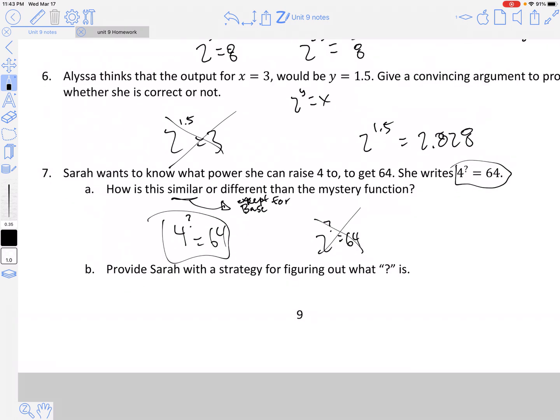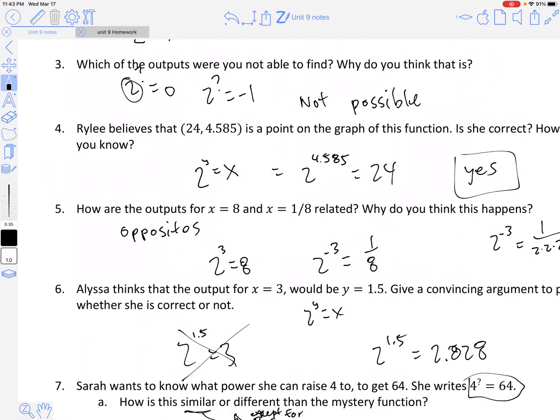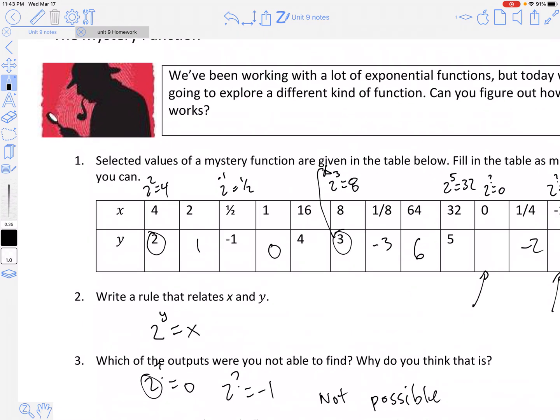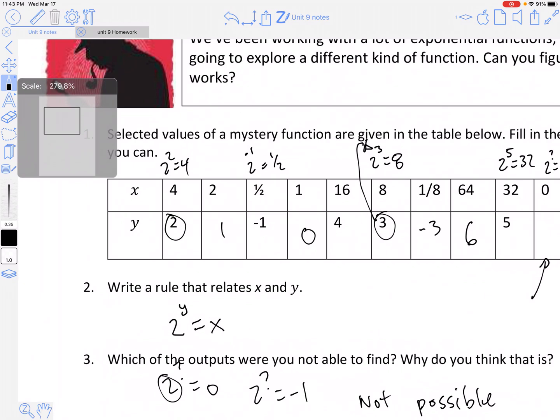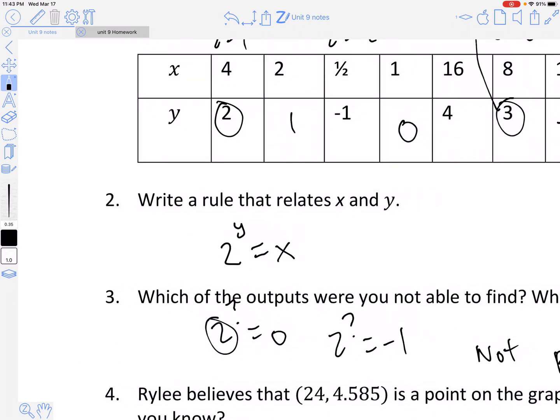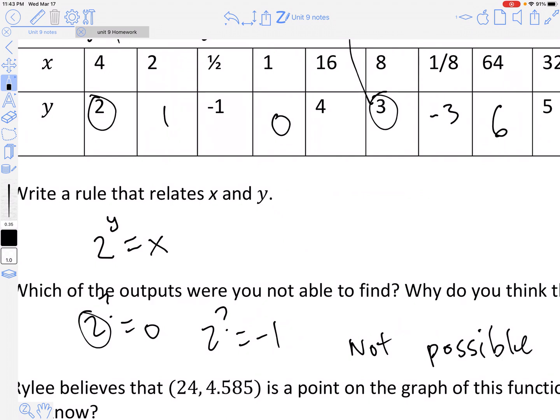All right, so let's provide Sarah with a strategy for figuring out what that question mark could be. Well, Sarah, I would say guess and check. But another option is actually what we're learning today, a logarithm. So logarithmic functions. I want you to go back to number 2, draw a box, and write this down.